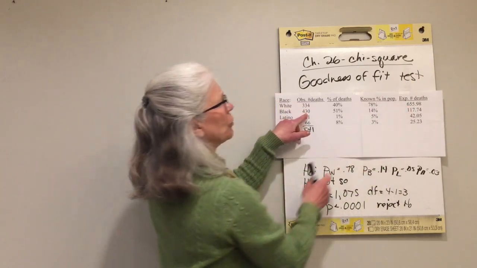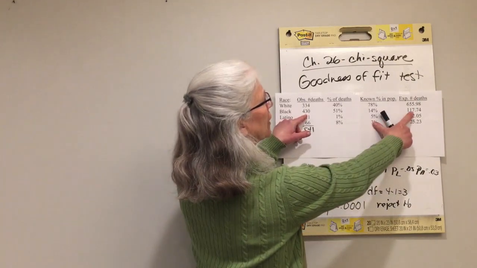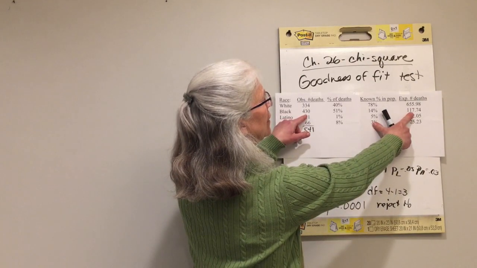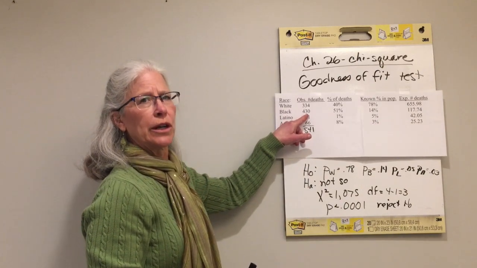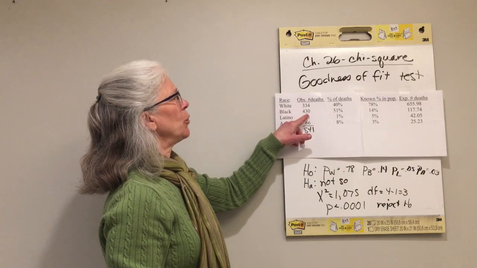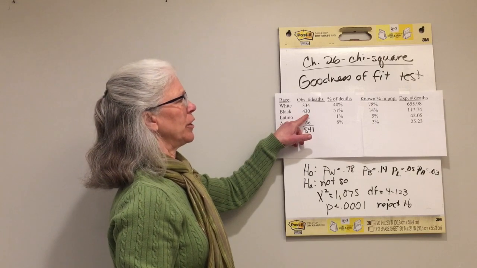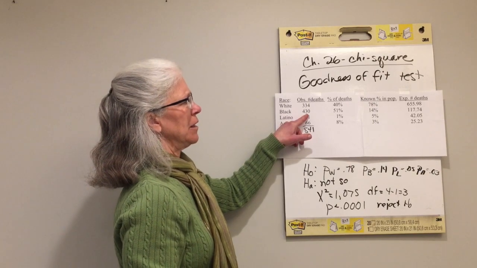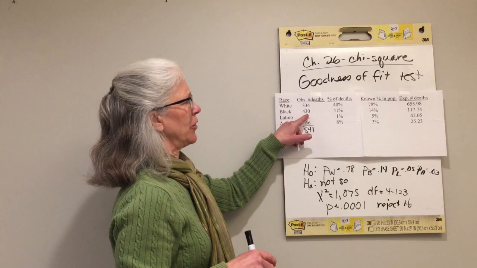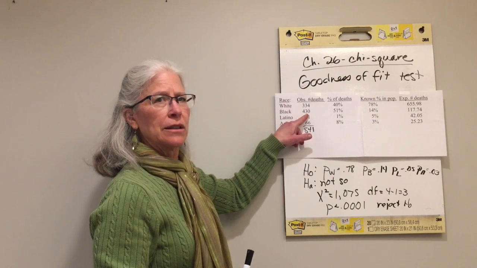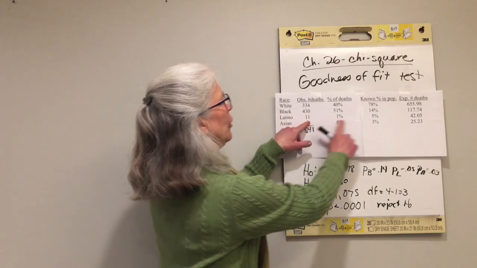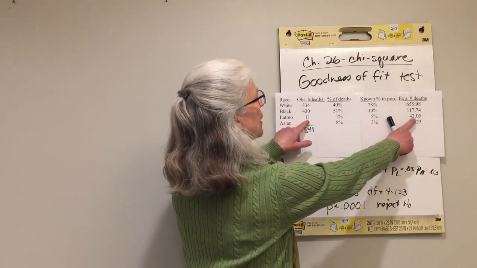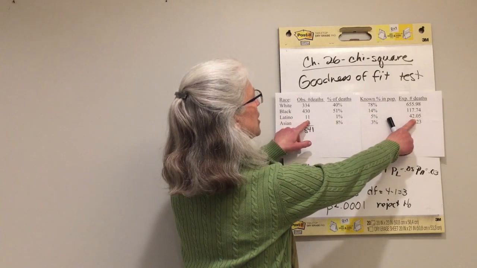But here's where things really go wrong. We expected only 118 African American deaths, and we saw 430. There are way, way more black deaths than we would have predicted or expected if the percent of deaths in each race reflected the percent in the population. For Latinos, there were fewer than expected. We expected 42, we saw 11.